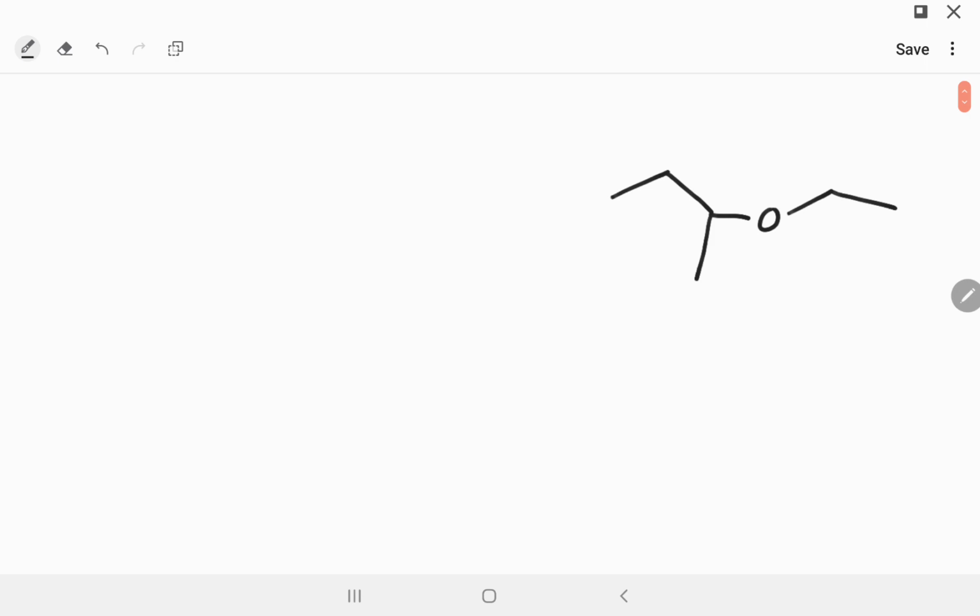This is the ether that I am interested in. Let's make it a little bit more complicated. There is no primary R group, so you couldn't use Williamson ether synthesis. So how do you make this one?